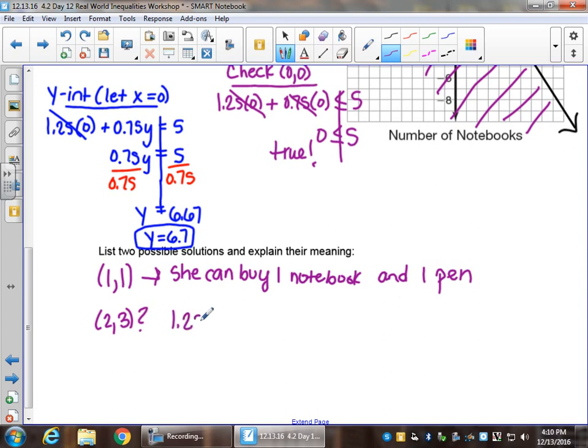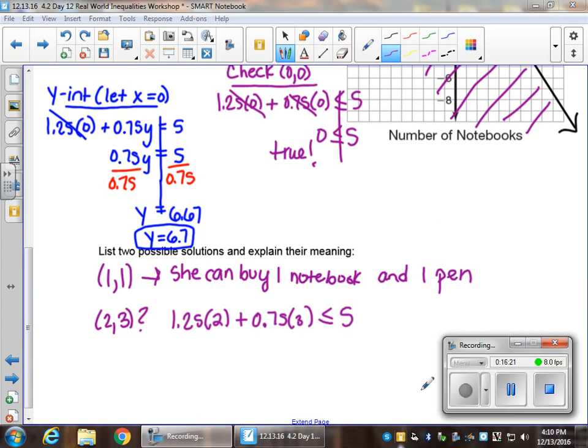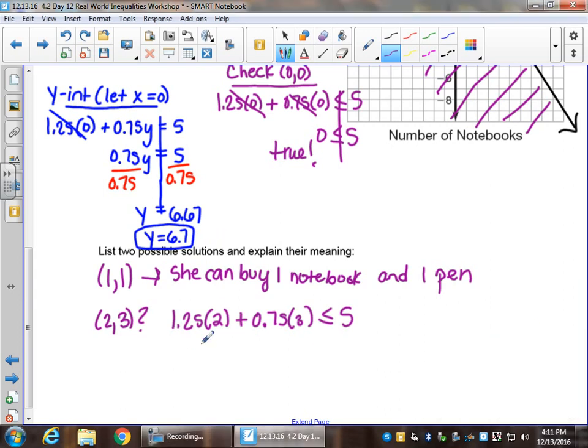So that would be 1.25 times 2 plus 0.75 times 3, and we want to see if this comes out true or false, if it's less than or equal to 5. Go ahead and pause. Use your calculators, please, to check this point. $1.25 times 2 is 2.5 plus 0.75 times 3 is 2.25.